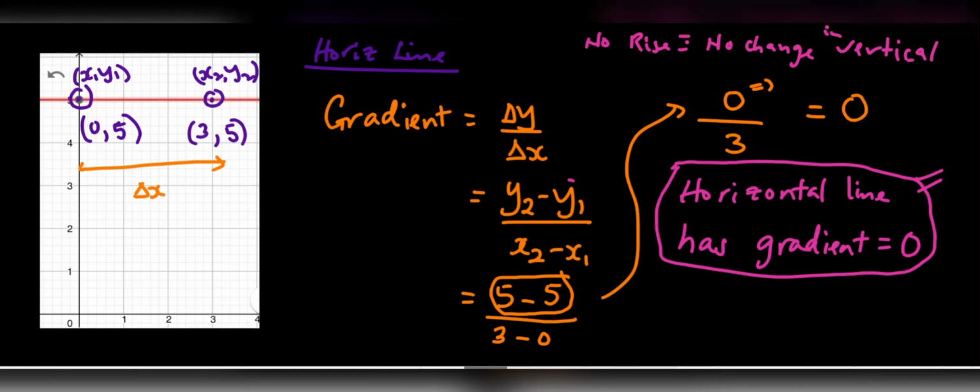Let's look at a vertical line. Once again, we're going to look at yet another case of a line, and in this case, of course, it's a vertical line. Most people say, oh, a vertical line also has 0 gradient. Well, let's take a look, because this is another common misconception we can clear up right here.